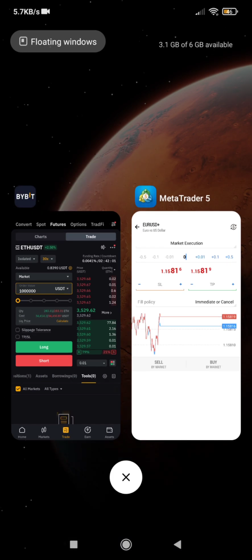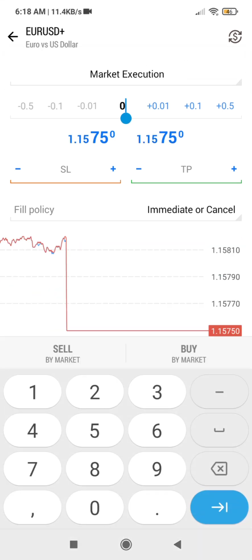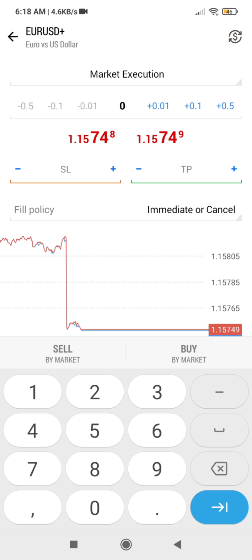This is for crypto. Now the same thing works for the forex market, but because the forex market has more available buyers and sellers, those are referred to as liquidity, it's difficult for you as a retail trader to place any trade, whether it is with market order or with limit order, that you will be filled at different prices. Why? Because over $6 trillion is traded in the forex market.